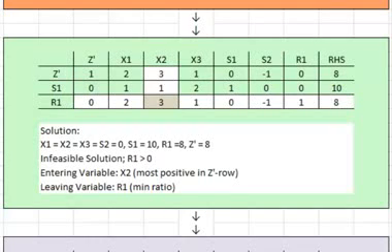Calculating the min ratio, 10/1 and 8/3. 8/3 is the min ratio, so R1 leaves the basis. As soon as R1 leaves the basis, we will have our next tableau generated through the regular simplex.